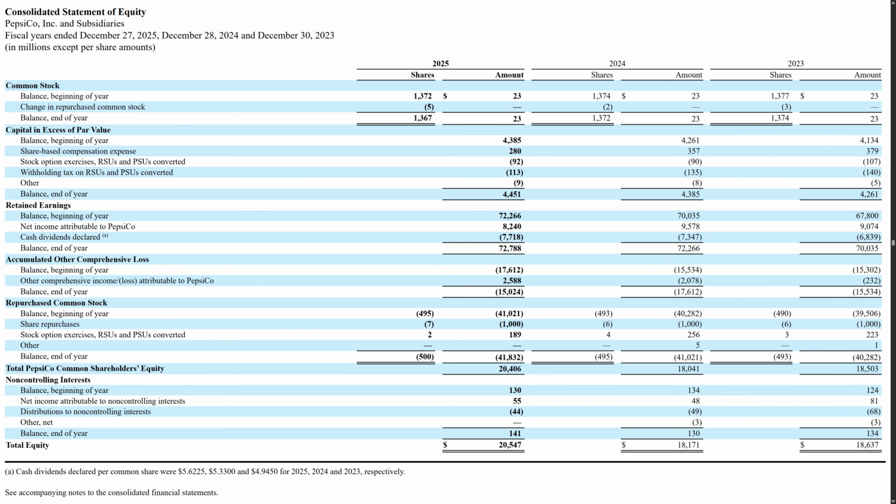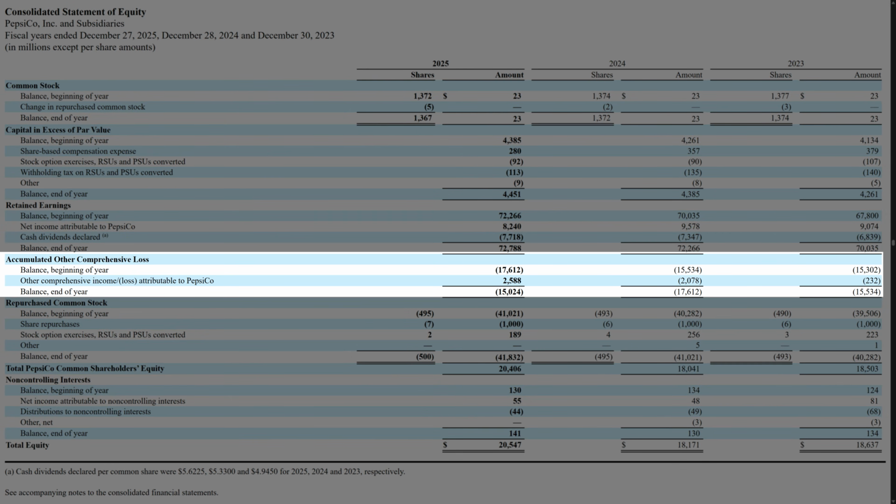And then their retained earnings changed due to the net income attributable to PepsiCo on their income statement. And just like Brightleaf, their retained earnings were reduced a bit by dividends. And then you can see that accumulated other comprehensive loss here. And the accumulated loss was reduced by $2,588 million, exactly what we saw on their statement of comprehensive income.